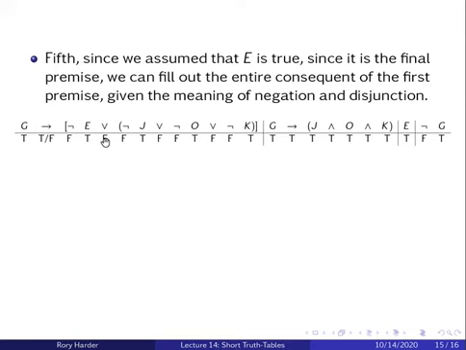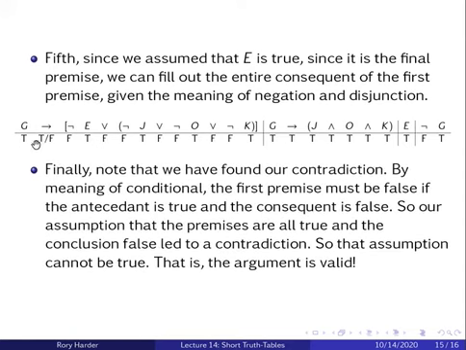And now we have a conditional. So note finally that we've filled this out. In the first premise, we have a conditional which has a false consequent and a true antecedent. And we know how conditionals work: when we have a true antecedent and a false consequent, the conditional is false.